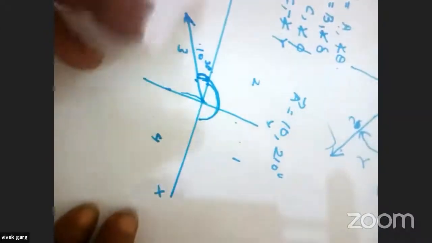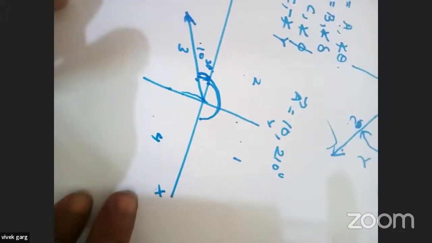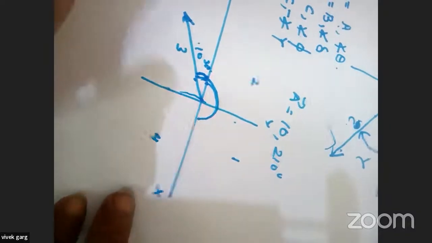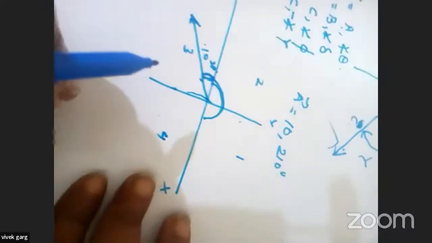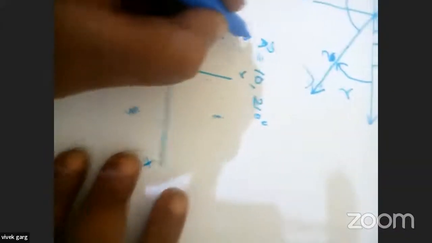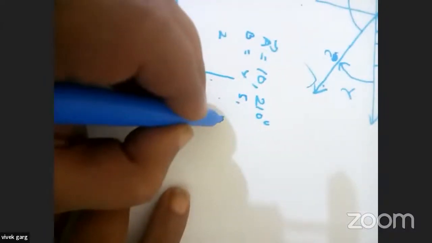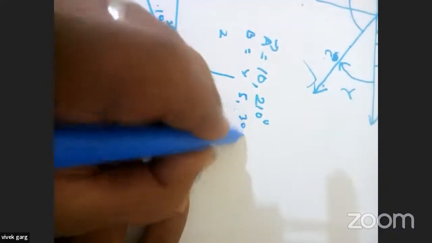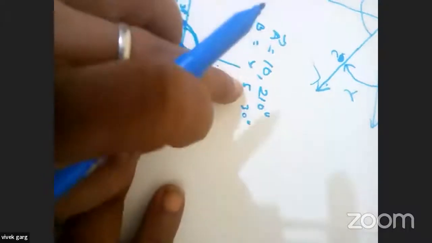10 units. So what is 10? Basically 10 units. It could be 10 centimeters, it could be 10 meters, it could be 10 newtons, it could be 10 meters per second. Doesn't matter. It's 10 units. One more important thing. Say I have another vector B, which is 5 units at 30 degrees. So 30 degrees is just the vertically opposite of this, but its length is 5.